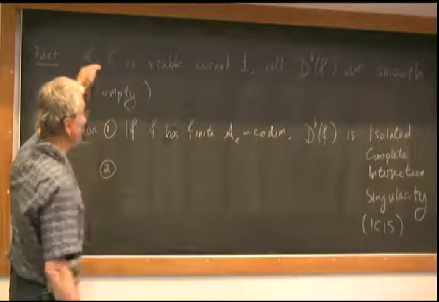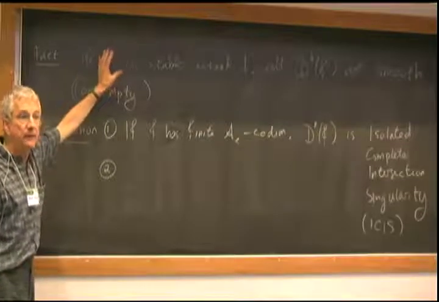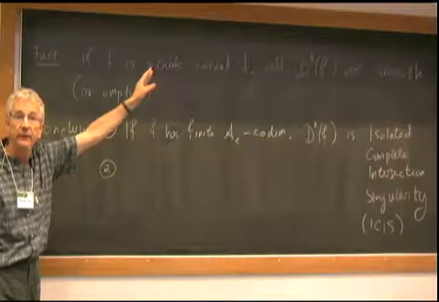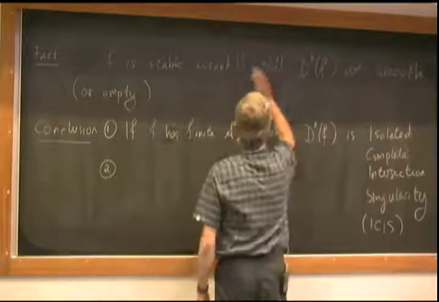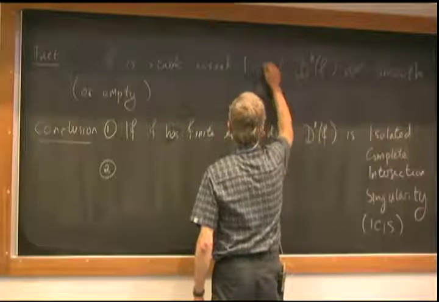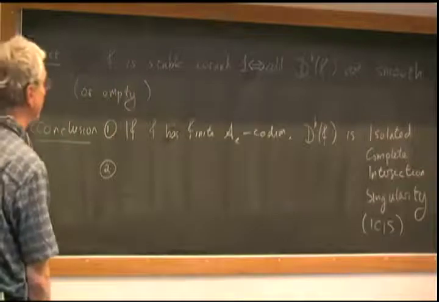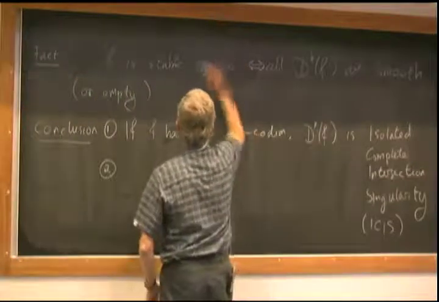Actually, what I've written here is slightly incomplete. Not only is it true that if F is stable, then all of the D^k f are smooth, but one can prove, in fact, that this is equivalent. Let me get the logic a bit better.